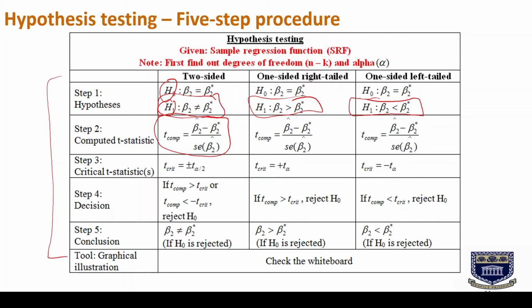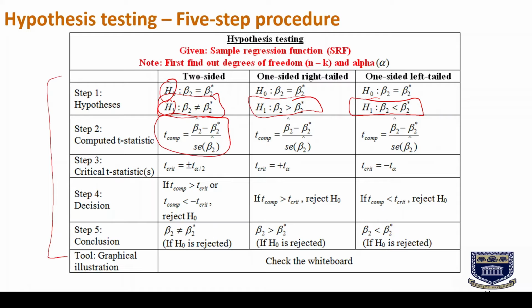The null hypothesis in each case is stated with an equality between the true beta 2, and the same process follows for beta 1, between the true parameter and the hypothesized value of the parameter. In the case of a two-sided test, the alternative hypothesis is stated as beta 2 or beta 1 not equal to the hypothesized value for beta 2 or beta 1.